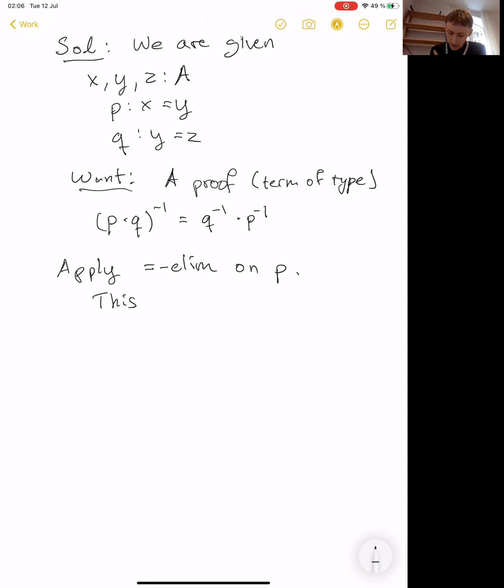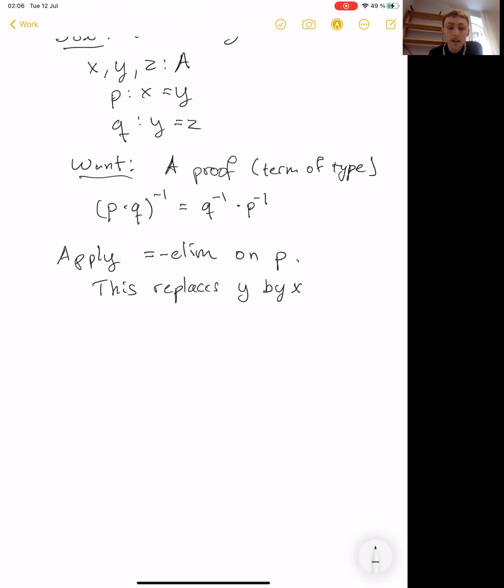So Y is going to be replaced everywhere by X. And also P gets deleted and gets replaced by REFL, by the reflexivity path, right? So it also replaces P by REFL X.